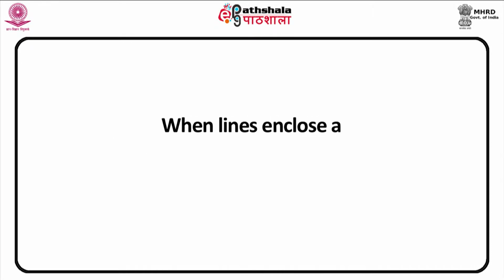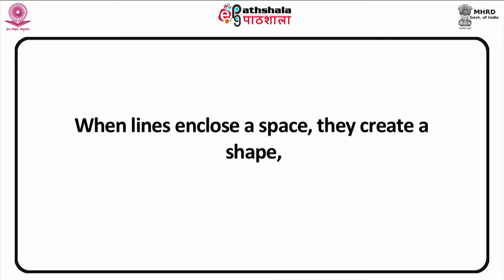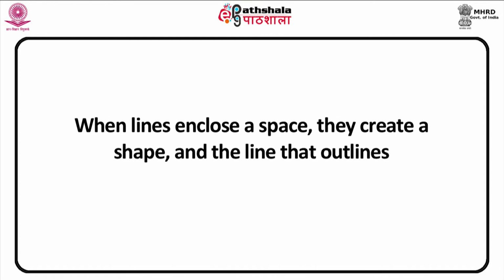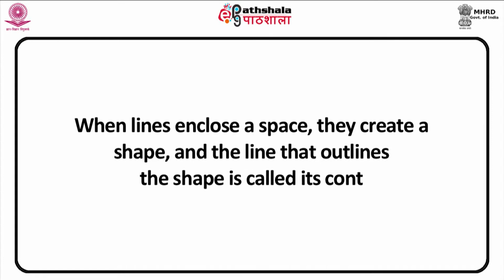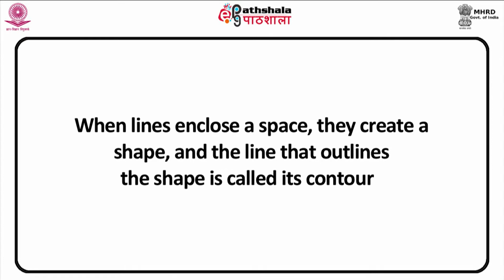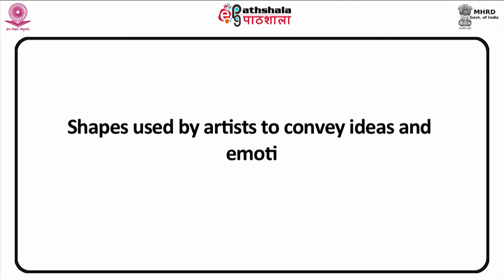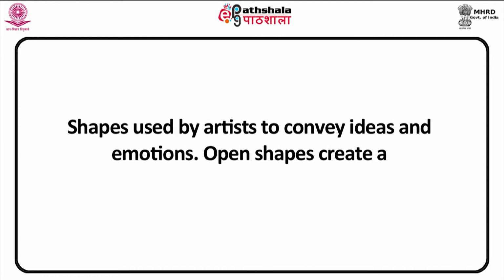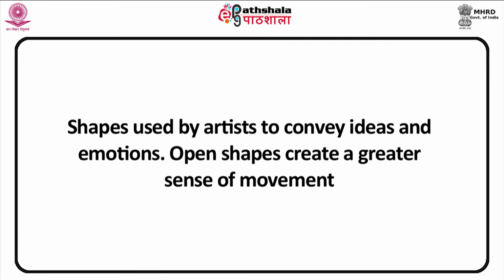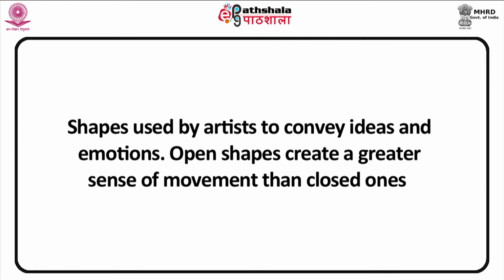When lines enclose a space, they create a shape, and the line that outlines the shape is called its contour. Shapes are used by artists to convey ideas and emotions. Open shapes create a greater sense of movement than closed ones. Let us now talk about lines.